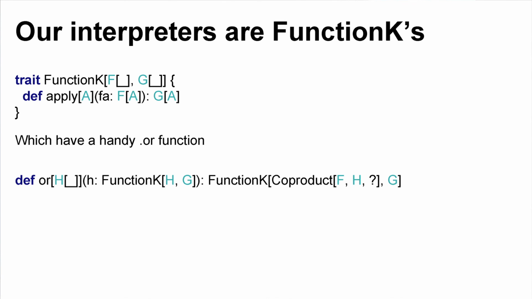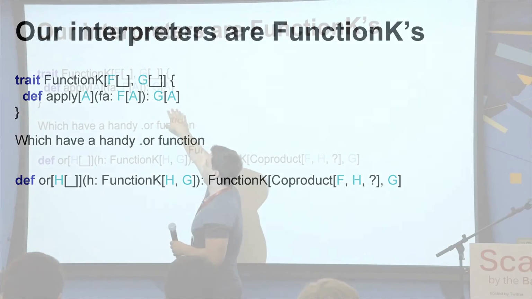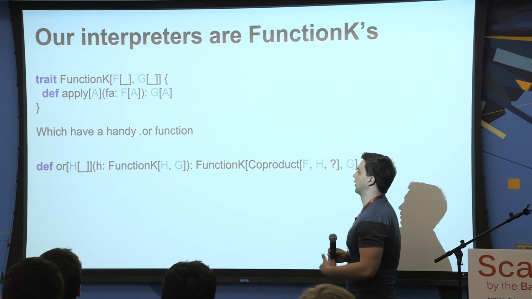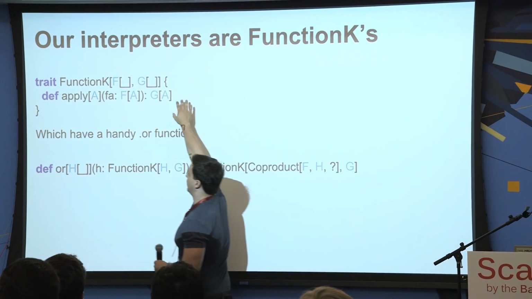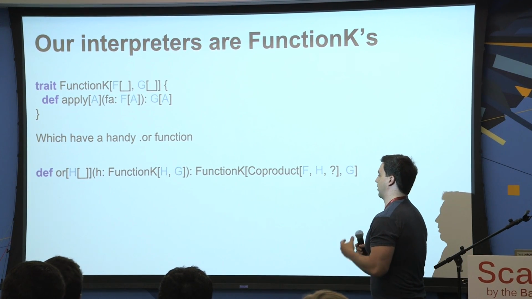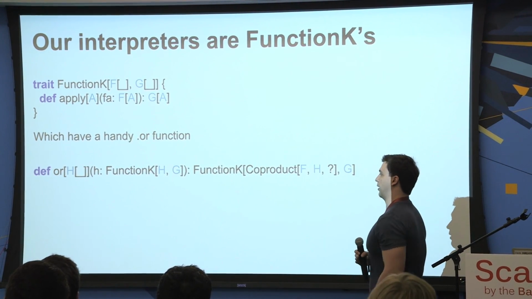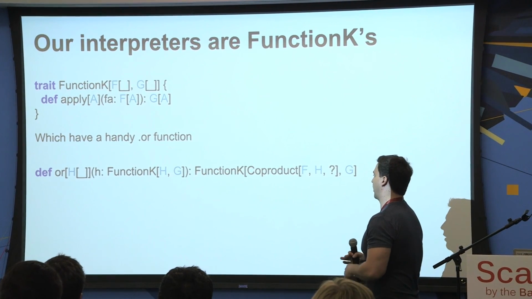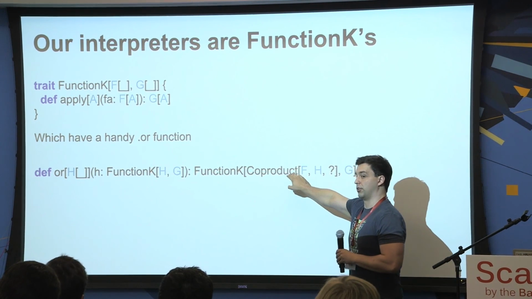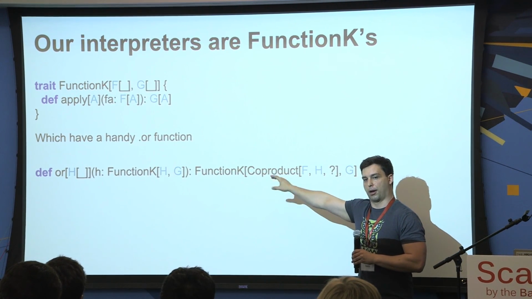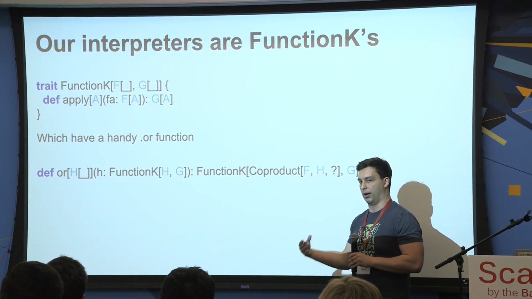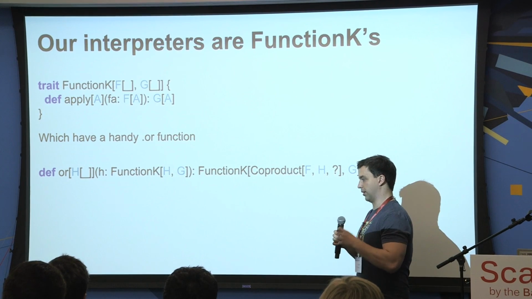So you get this apply, which takes an F and gives you back a G. And we also have a handy function on FunctionK, which I probably should have just moved within these curly braces, called or. What or gives you is it basically takes your FunctionK and another FunctionK, and turns it into something that takes as an argument a CoProduct, which is exactly what we were building up a couple of slides ago, right? This is actually what our grammar looks like. It's a CoProduct of multiple different types of grammars.